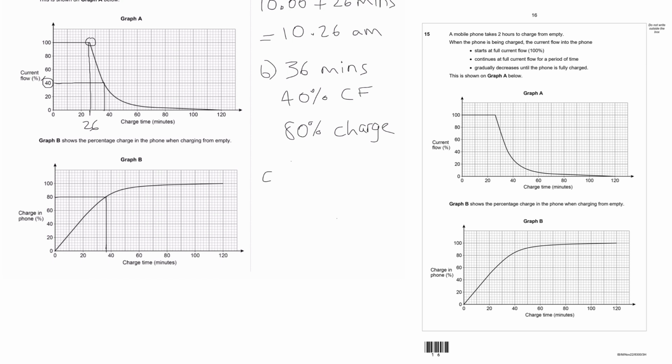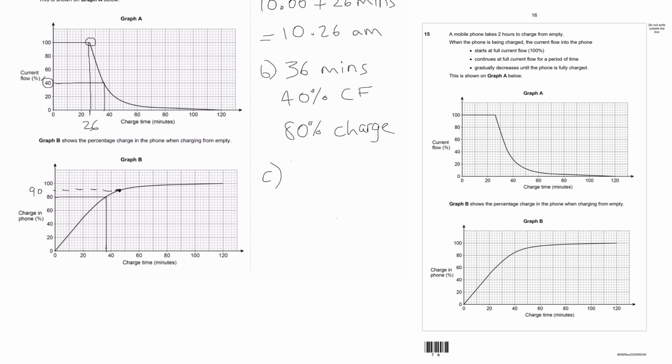So moving on to part C, and we're told that using graph B, estimate the rate of increase in the percentage charge when the phone has 90% charge. So if we first of all just identify 90, and then if we track it across, it's not the best, but there we go. So roughly about at this point here, this is our 90%.